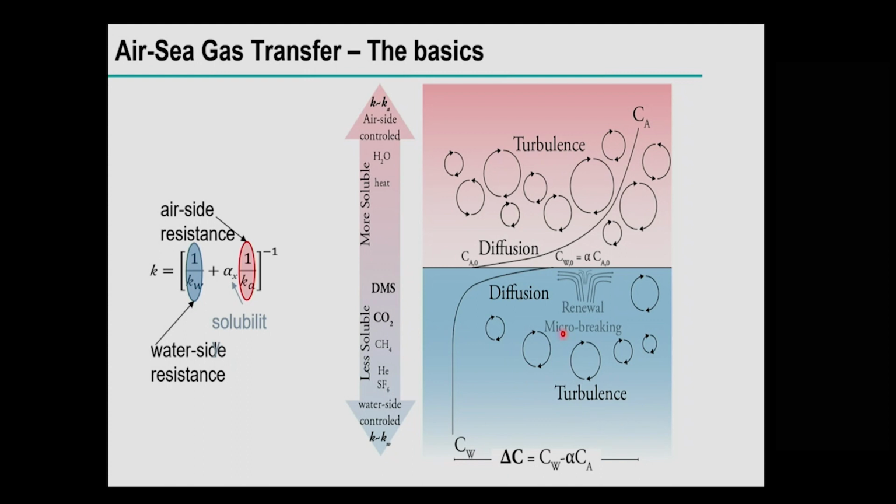Which side is going to be the slowest is what controls the total gas transfer velocity. This gas transfer velocity is typically expressed as a water side and an air side resistance. For gases that have very low solubility, such as CO2, DMS or oxygen, it's whatever is happening in the ocean that is important.